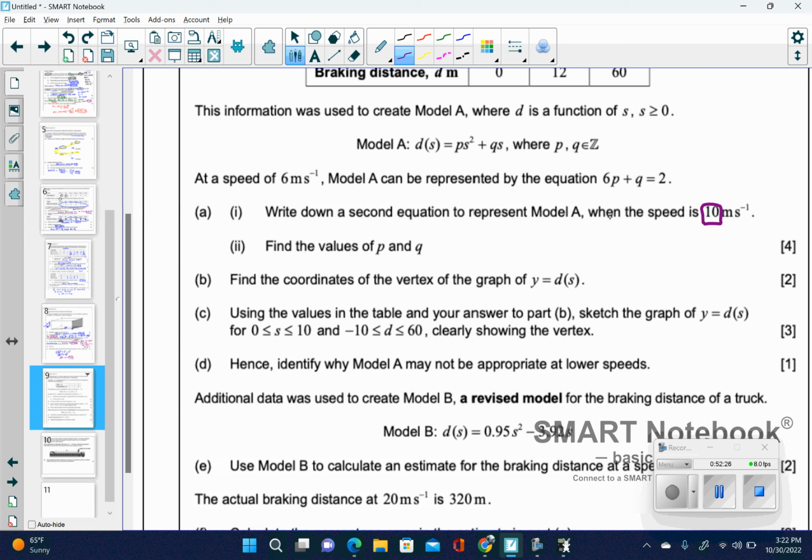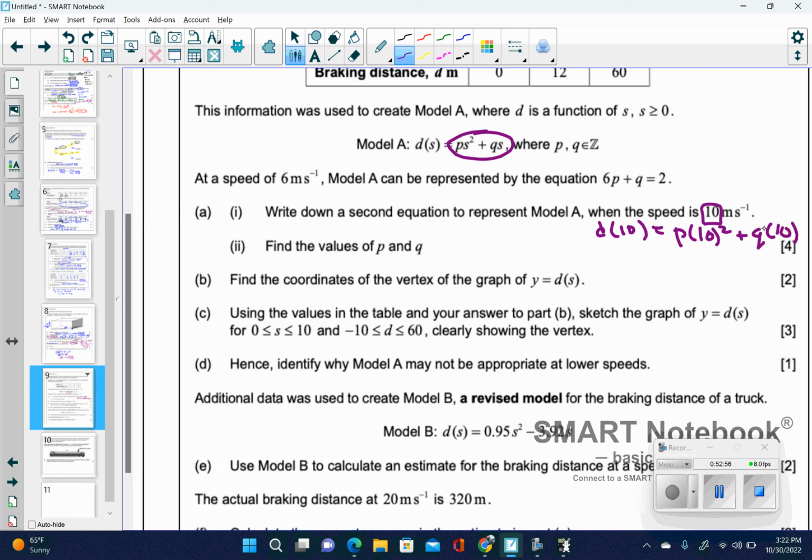All you have to do is plug 10 into the formula for our speed. That's going to equal P times 10 squared plus, I don't know what Q is, so we leave that alone, times 10.